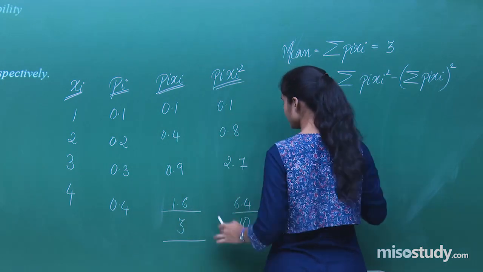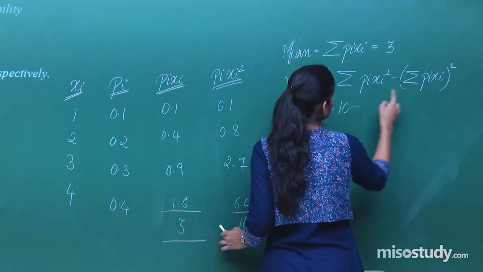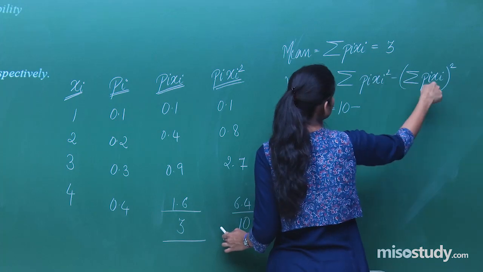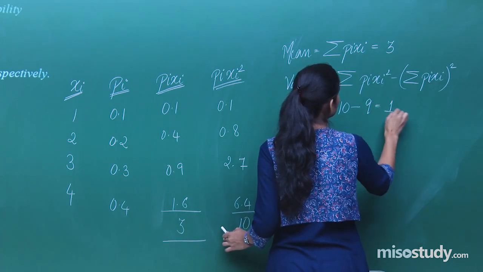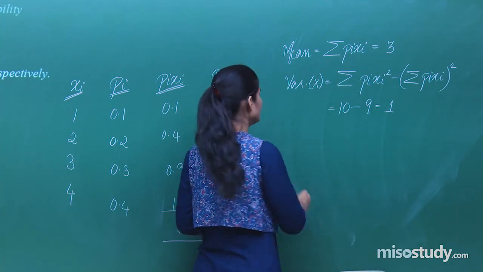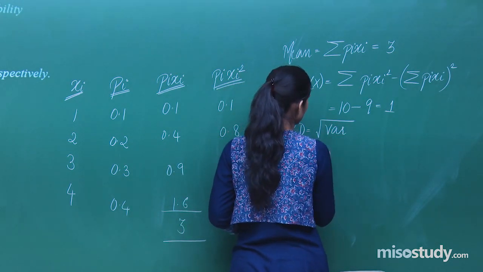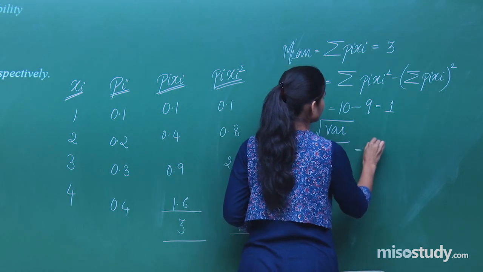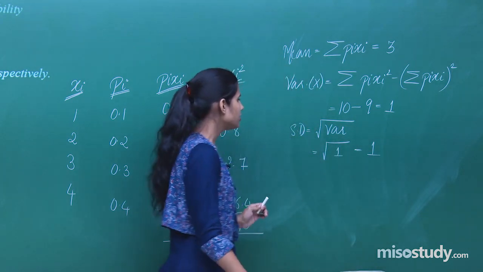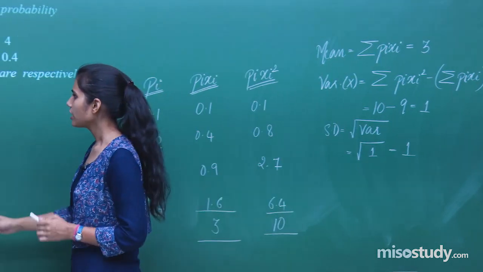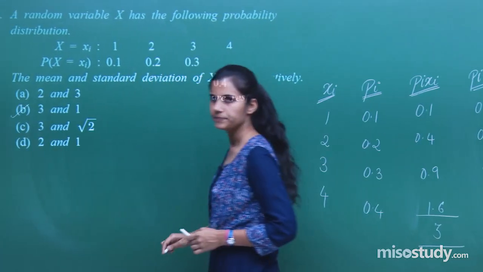This we have evaluated, the sum is coming out to be 10. Summation pi xi came out to be 3, 3 square is 9, so variance is 10 minus 9, that is 1, and standard deviation is nothing but the positive square root of the variance, which is clearly 1. So mean is 3, standard deviation is 1, your answer is option number B.